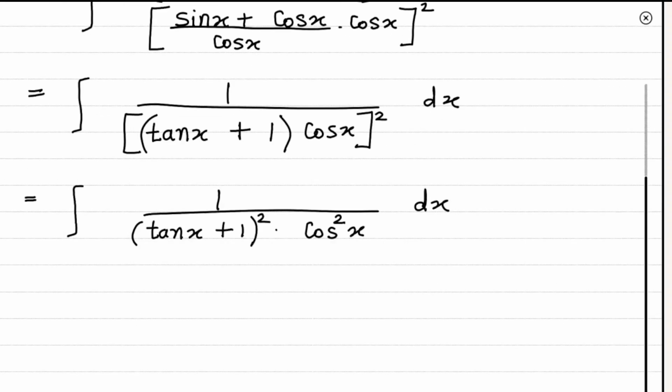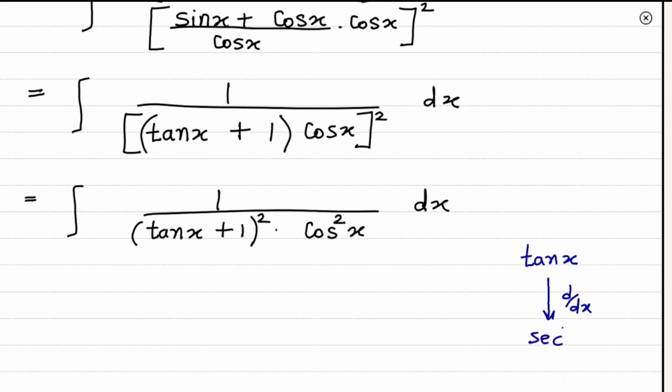Now if you notice carefully, we know that if you take the derivative of tan x, it is nothing but sec square x. If the derivative of tan x is sec square x, and we think about putting tan x plus 1 equal to u, the differentiation of tan x, which is sec square x, should be present in this integral.